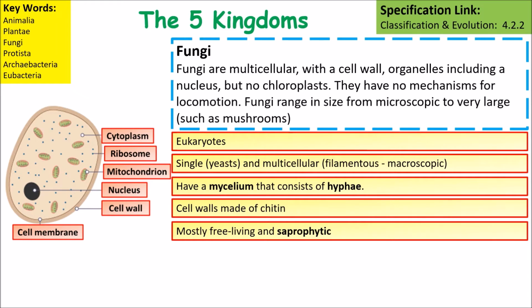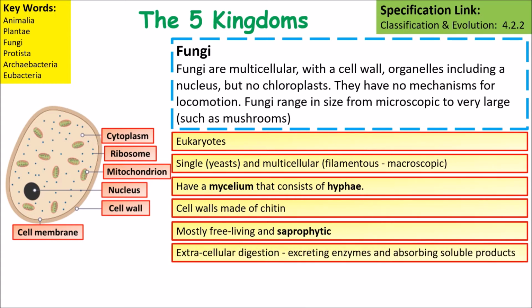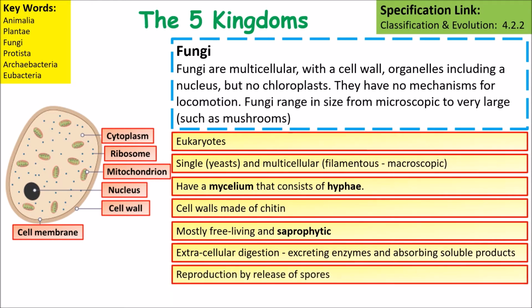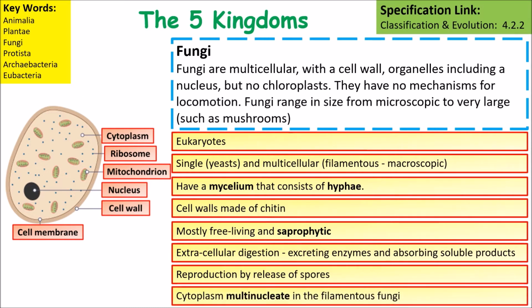They are free-living and saprophytic, which means that they digest the food outside of the cells and then absorb it. They do this by excreting enzymes onto what they're going to try and digest. They reproduce by releasing spores, and the cytoplasm is spread throughout a multinucleate structure in filamentous fungi.